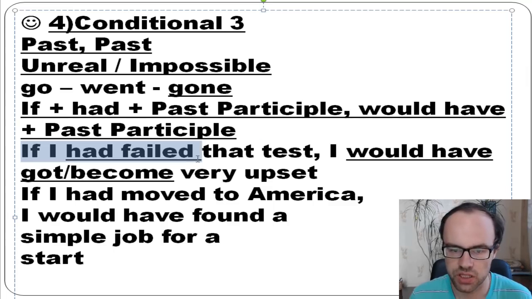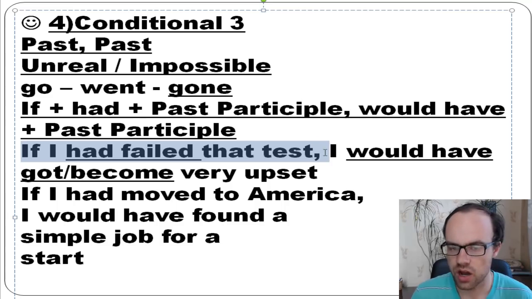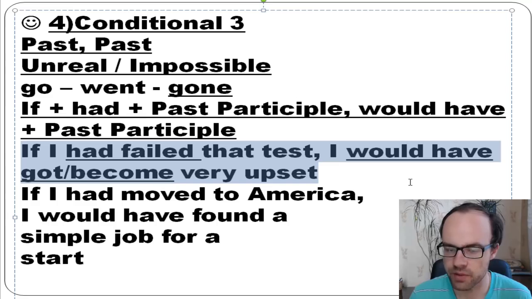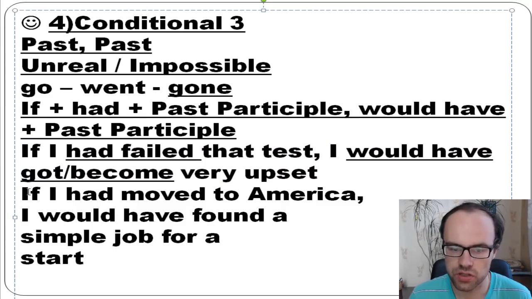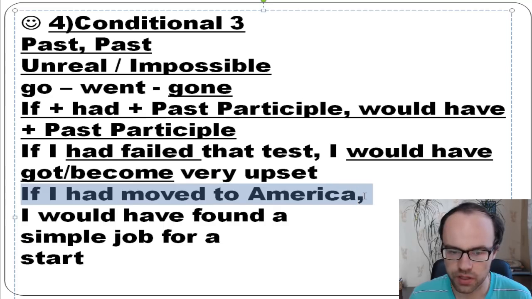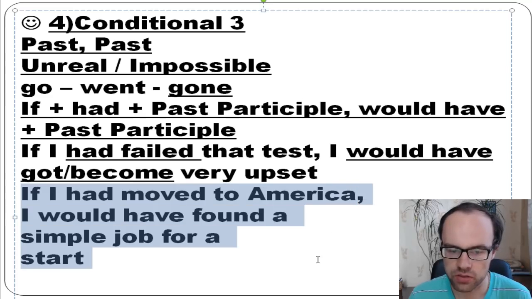Look, if I had failed the test, it's in my imagination, but in fact I didn't fail it, I would have become very upset. Yeah, but I didn't fail that test, and I didn't become upset. So everything was okay. Yeah, next, look, one more example. If I had moved to America, I would have found a simple job for a start.